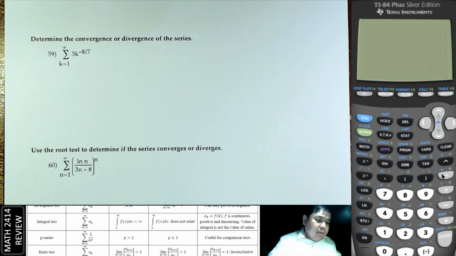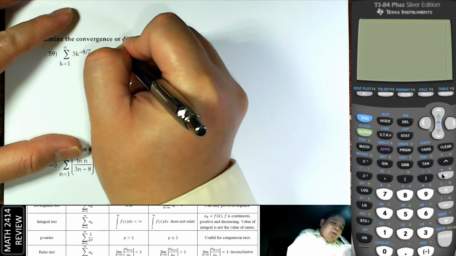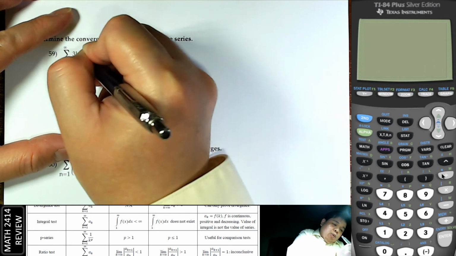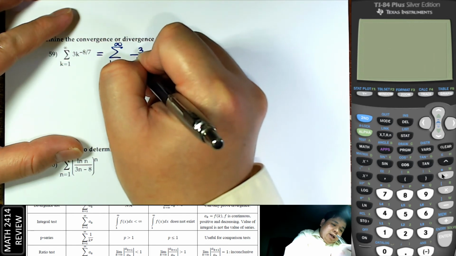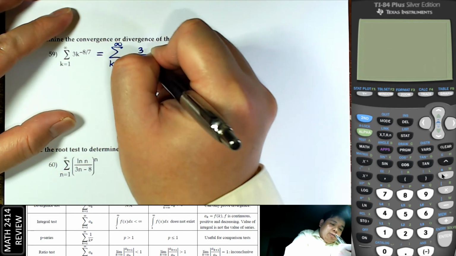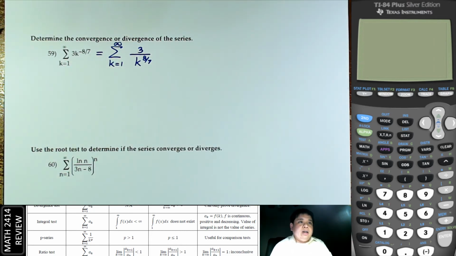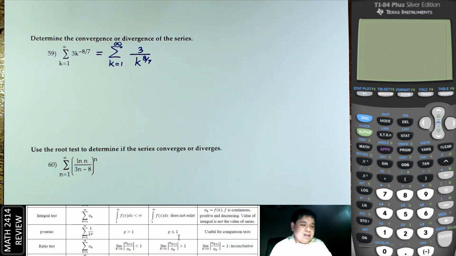Next, determine the convergence of the series. So for this one, of course, we can use the integral test as well. But to make things simple, we move the k to the 8, negative 8/7 to the bottom. And what we see here is this is the p series. So for p series, if p is bigger than 1, it's convergent. And if it's less than or equal to 1, it's divergent.